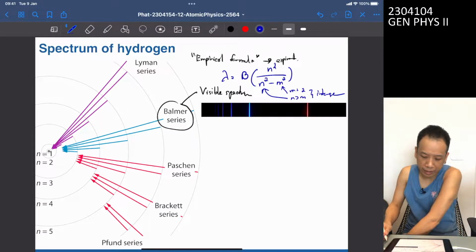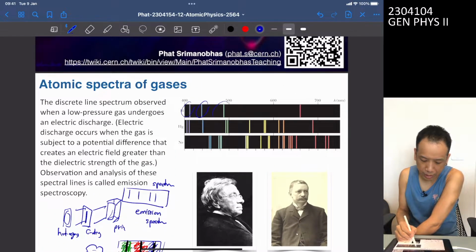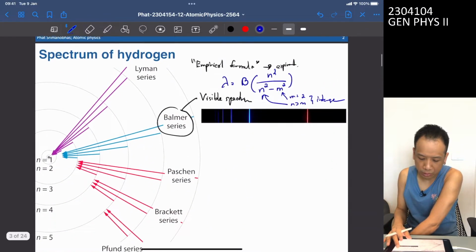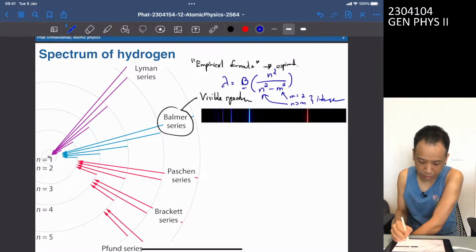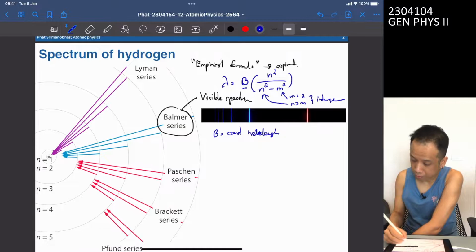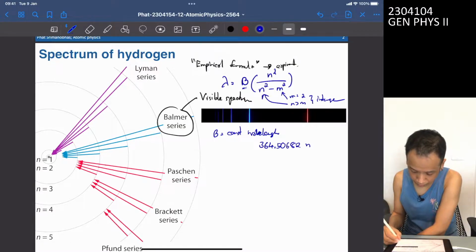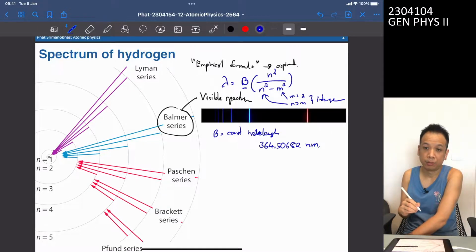He said that from the light that we see here, it connects to one wavelength, which is the b. So b is a constant wavelength of 364.50682 nanometers.